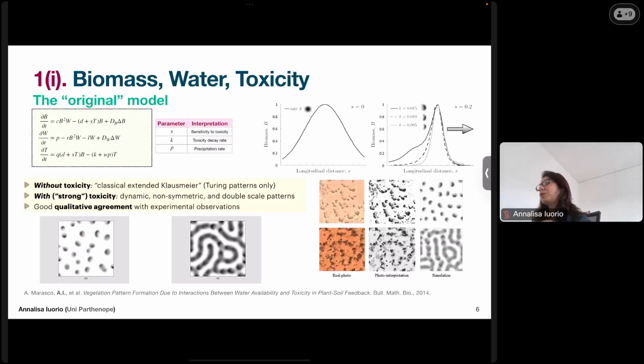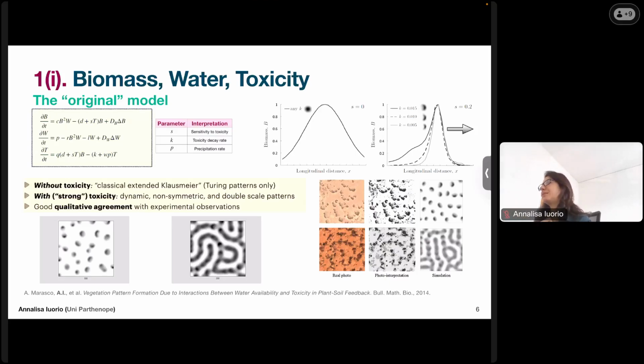So this is a type of behavior that you would normally not retrieve in classical biomass water models. And this, of course, made both us and the ecologists quite happy, because back then, the only comparison that we could make was qualitative.